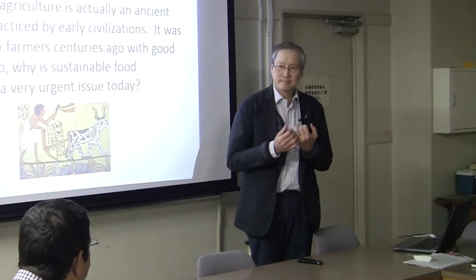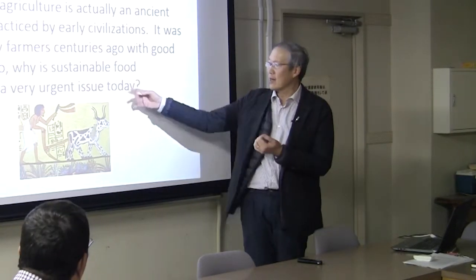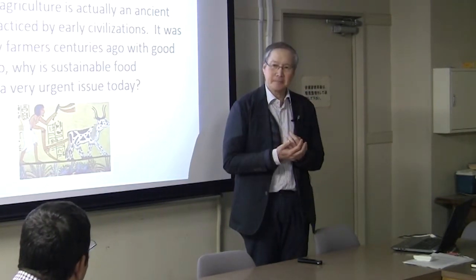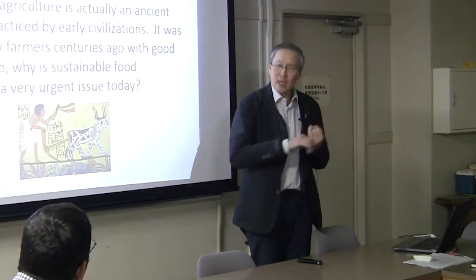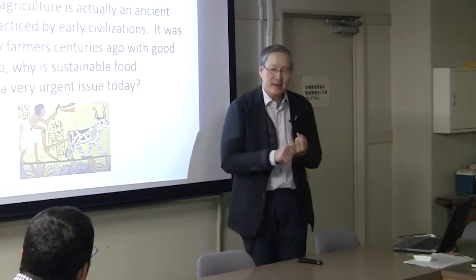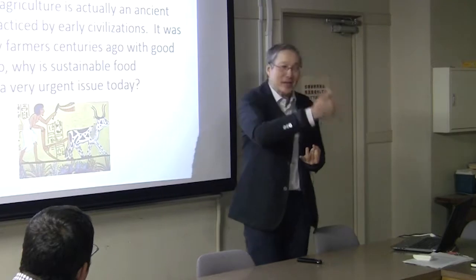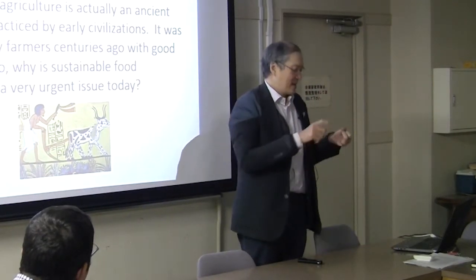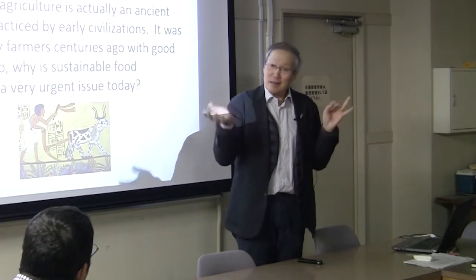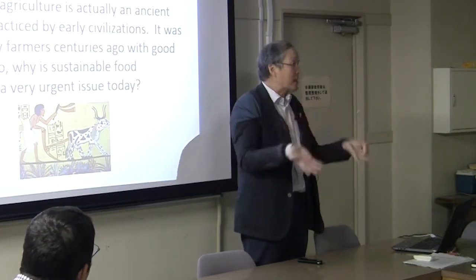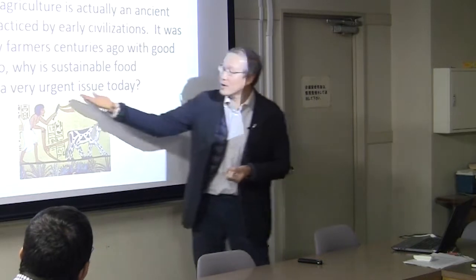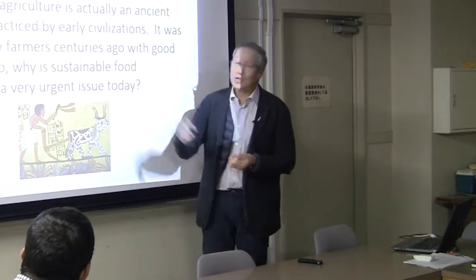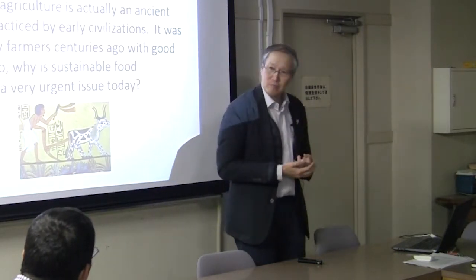So this is why it's getting more critical, very urgent. So you mentioned population. Population is growing, whereas many centuries ago, population was more manageable. Environmental destruction is increasing. So all the more, sustainable food production becomes a more critical issue.